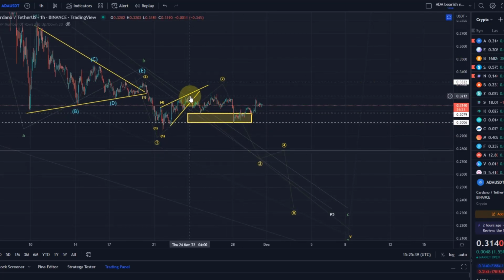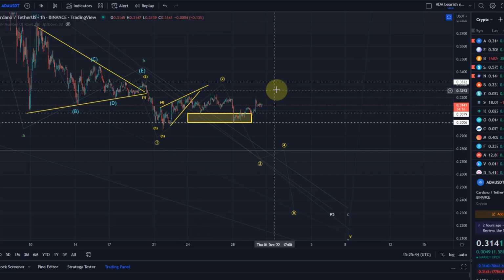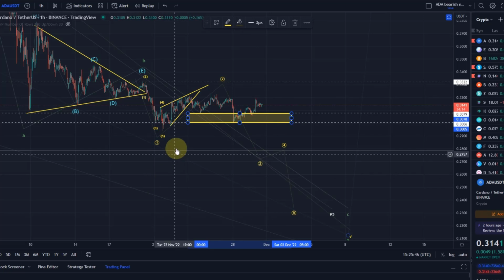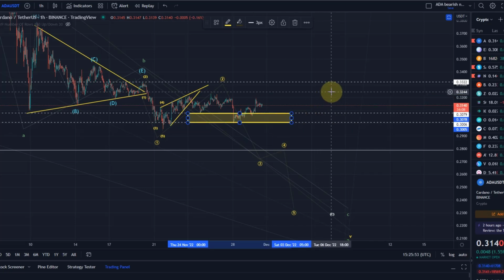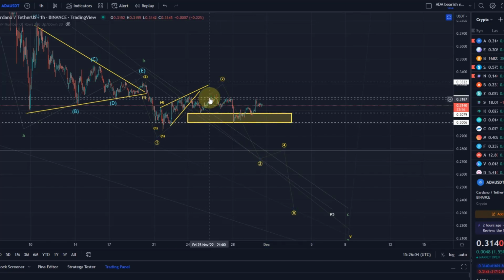We are hovering below resistance, so we've got basically two main levels here on the chart. We've got one support area, which is here, between 30 cents and 30.8 cents, and then a resistance level here at around 32 cents. I'm gonna put that on the chart actually. That's the first one, and if we break above that, we can fairly easily get to the 33.2 cent level.